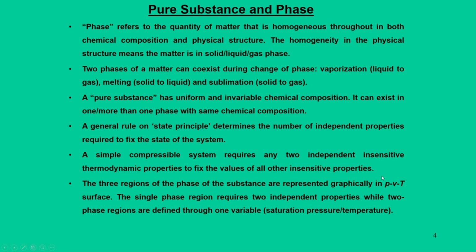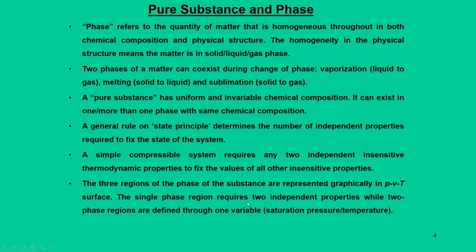In other words, there are some measured parameters and there are some derived or calculated parameters. The measured parameters are nothing but the independent and intensive thermodynamic properties, and these are used to calculate all other properties. The three regions of the phase of the substance are represented graphically on a pressure, volume, temperature surface.